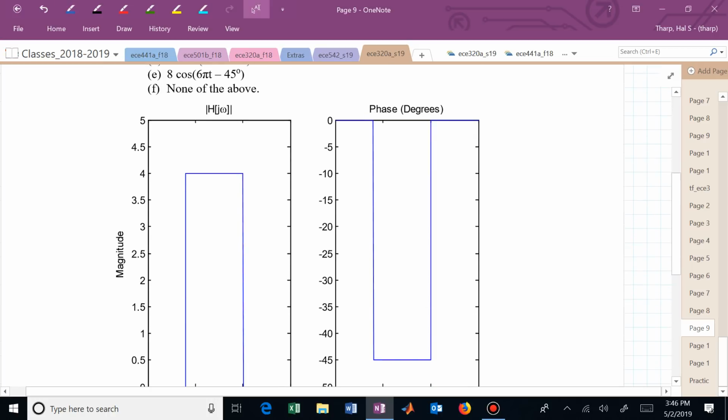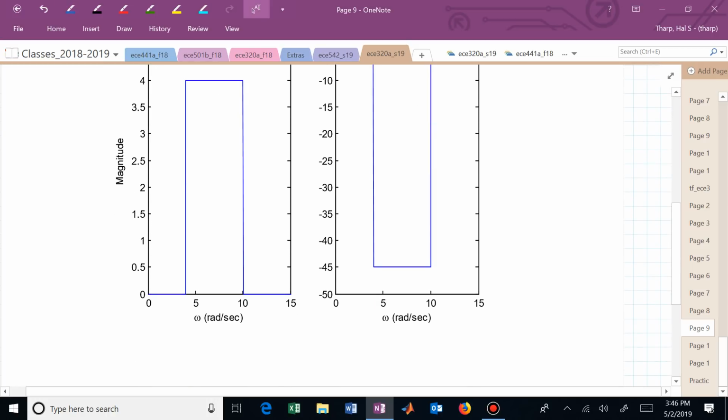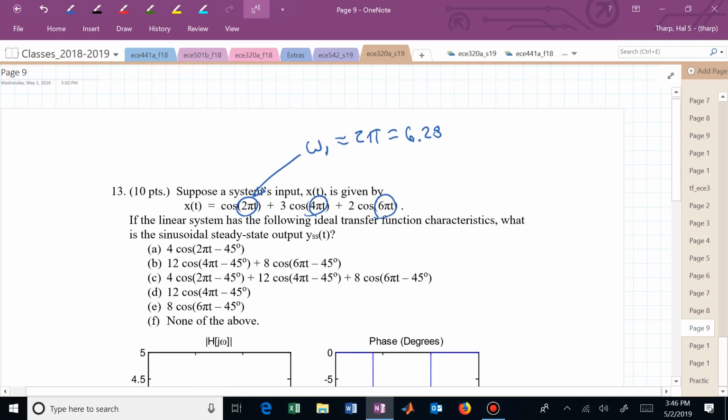Oh, that's between our 4 and 10, isn't it? What about this frequency? Let's call this one omega sub 2. That's now 4 pi. Well, that's twice omega 1, isn't it? So that's now more than 12. So this is now, let's say, 12. We don't need to be any finer than that. And what's this one? 6 pi.